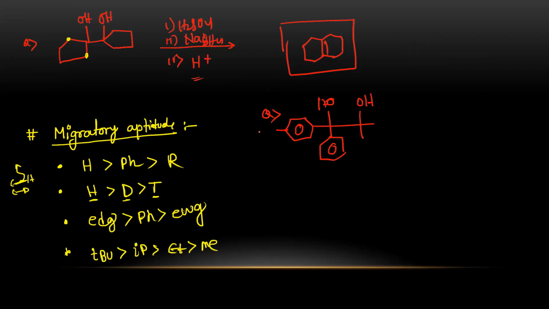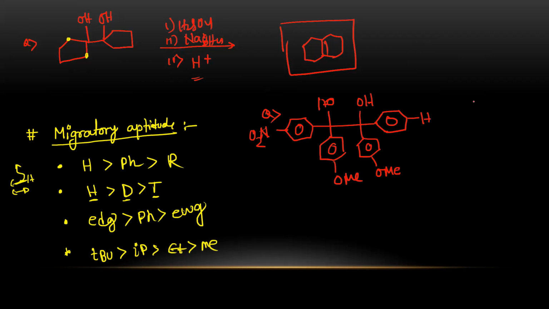One group here is NO2, one group here is OMe. Here one group is simple H, that means simple benzene, and another group here is OMe.